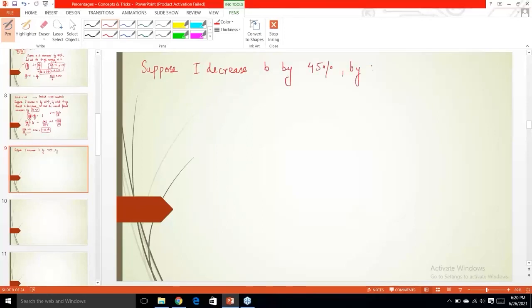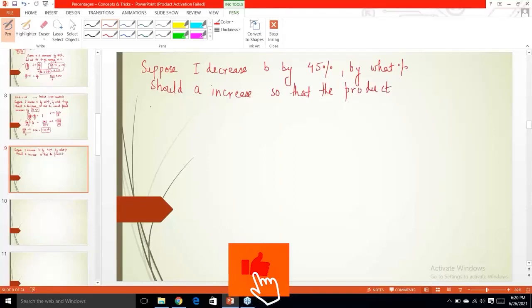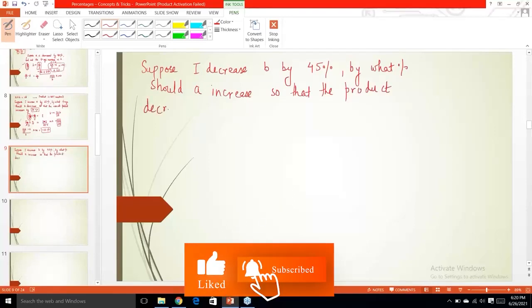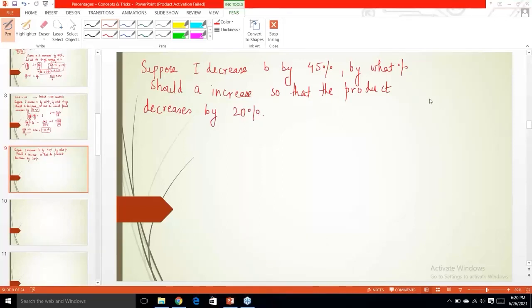By what percentage should A increase so that the product decreases by 20%? Let's try this out. Do you guys want to try this out?